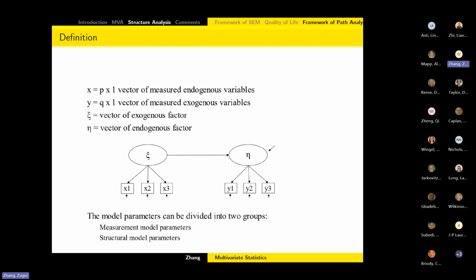Y is a q times 1 vector of measured endogenous variables. And then we have the vector of exogenous factors and the vector of endogenous factors, and lambda. The model parameters can be divided into 2 groups: measurement model parameters and structural model parameters.